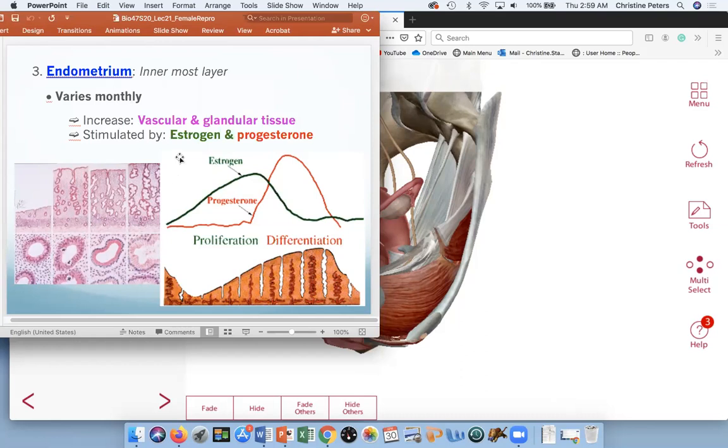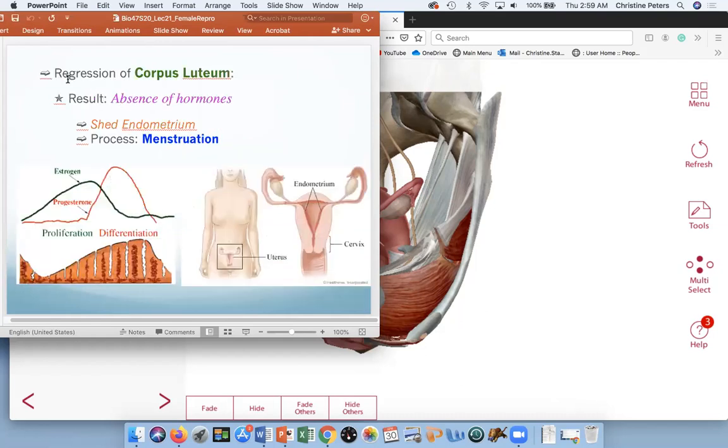The uterine lining is going to be stimulated by initially estrogen and then followed by estrogen and progesterone. Again, if there's no pregnancy, these hormones will start to reduce in concentration in the blood, and that will then cause the lining of the uterus to shed. So regression of the corpus luteum is what's going to cause this regression in concentration of estrogen and progesterone.